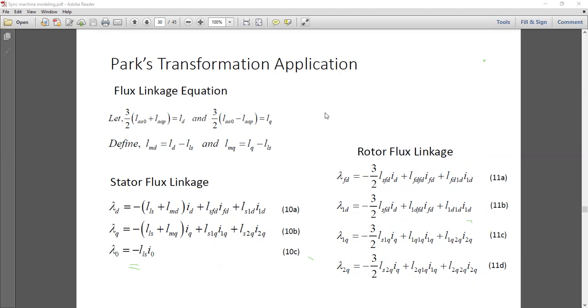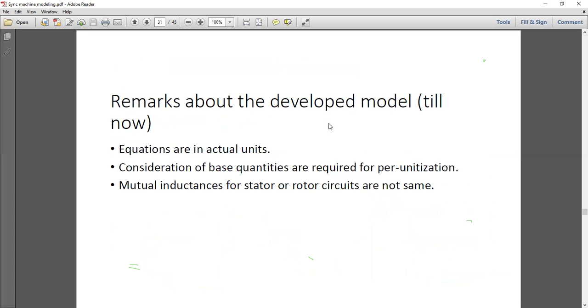Now, what we see from here is that all the equations we have got till now are in actual units. We haven't yet applied any sort of per unitization. So one of the remaining targets is to consider the per unitization of all the equations of interest.